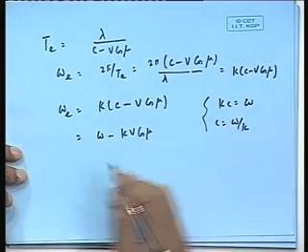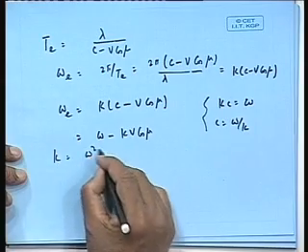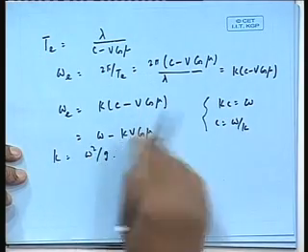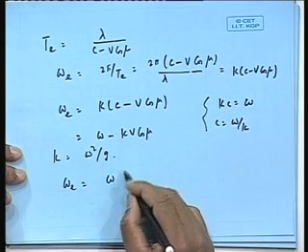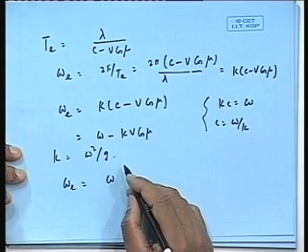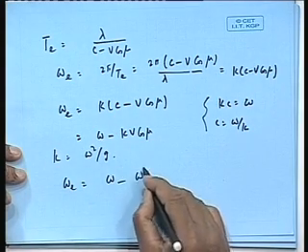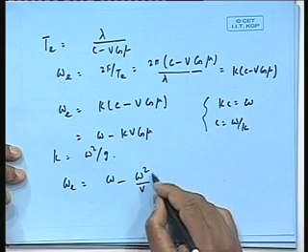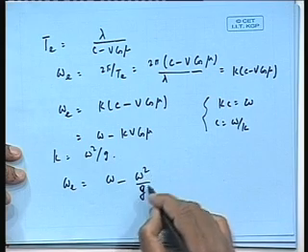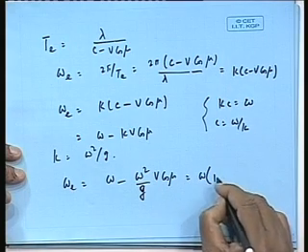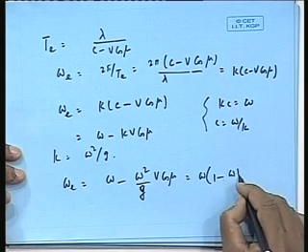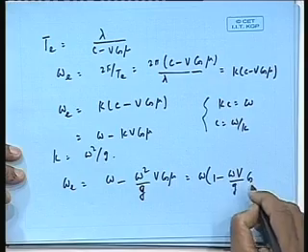In fact, if k equals omega squared by g, using this formula, we get the famous relation omega E equals omega times 1 minus omega V by g cos mu.